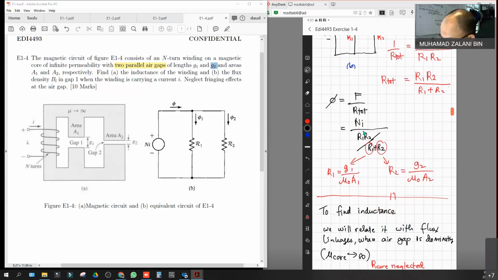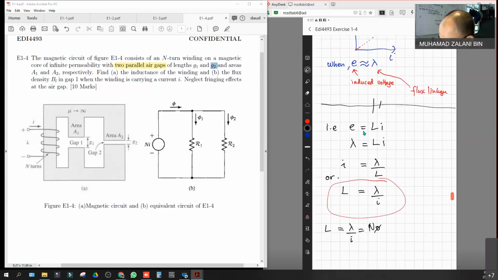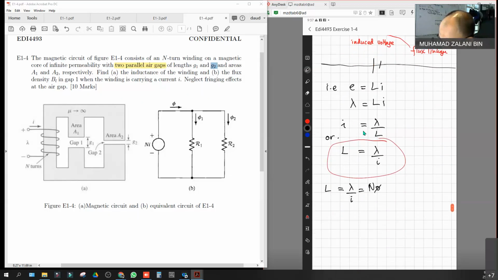Flux linkage. For this particular case, F is Ni, phi is F over R, and lambda is N phi.